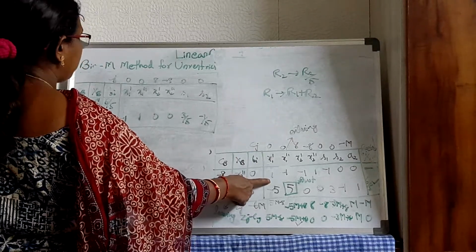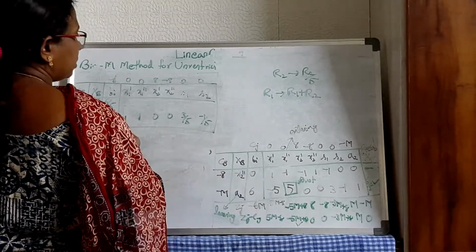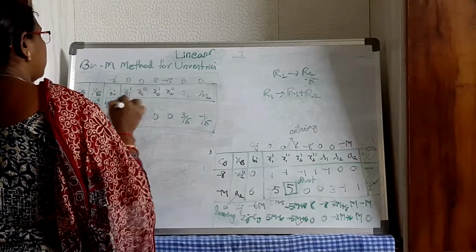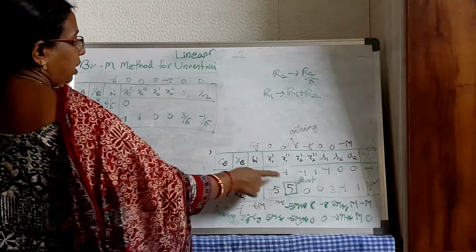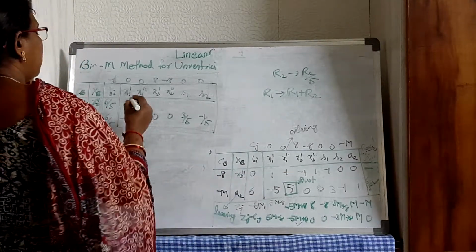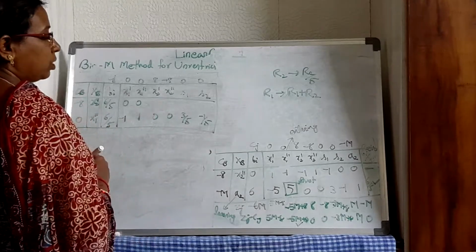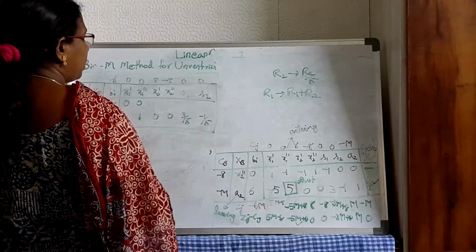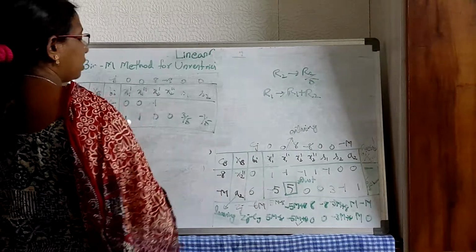Then R1 is 1. 1 plus this R2 is minus 1, so this will be 0. Similarly, here R1 you have minus 1, you have 1. Minus 1 plus 1 will be 0. Here you have minus 1 plus 0 will be minus 1.